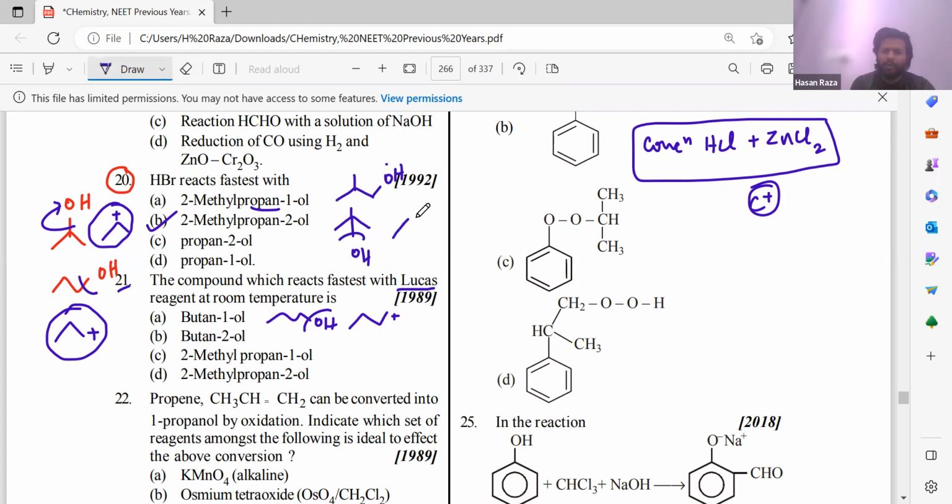Again, if you remove this, there will be formation of tertiary. Now come to question number 21. There will be formation of 1 degree, 2 degree, 2 degree, again 1 degree, and tertiary. So the right answer is D.